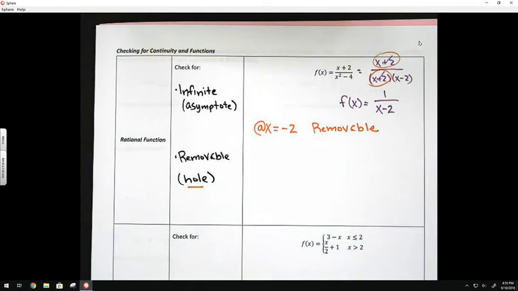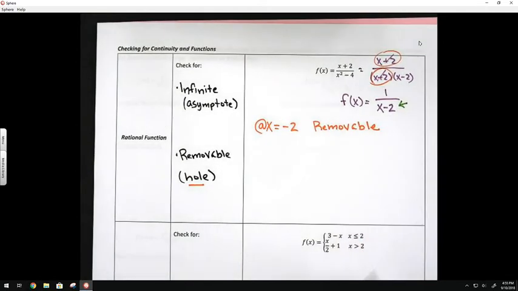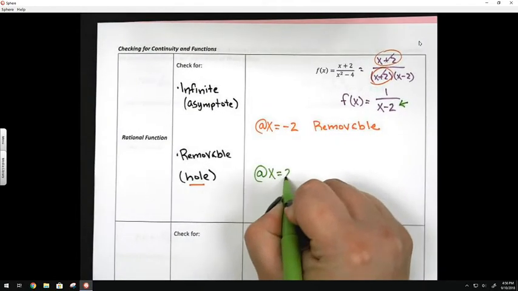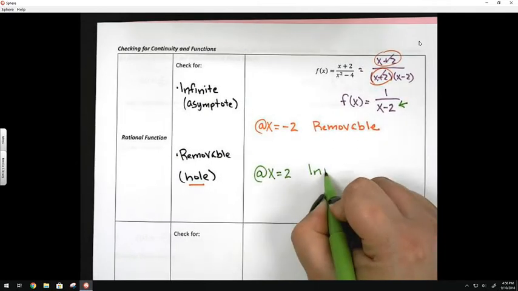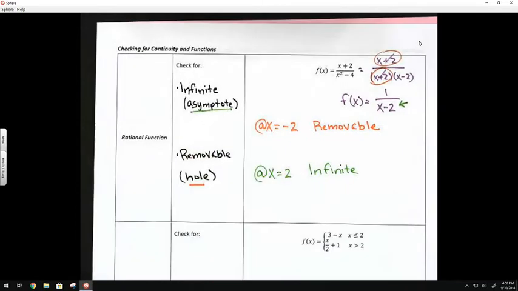It's a removable discontinuity. And then when we look here, now we've got this x minus 2 on the bottom, and that's what creates an asymptote, which means at x equals positive 2, we have an infinite discontinuity because we created an asymptote.